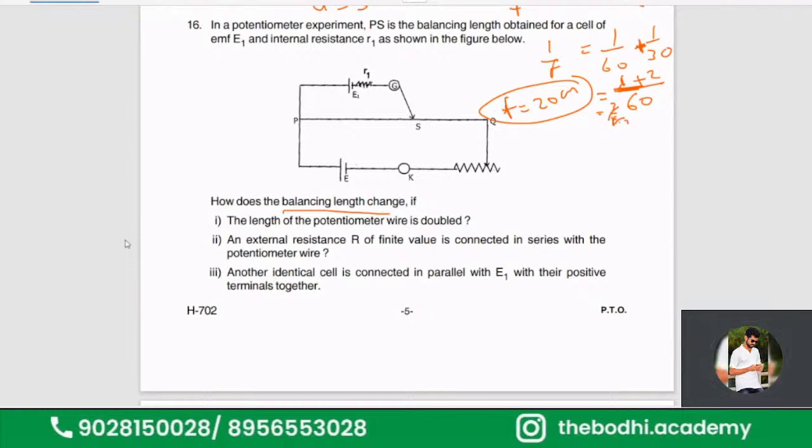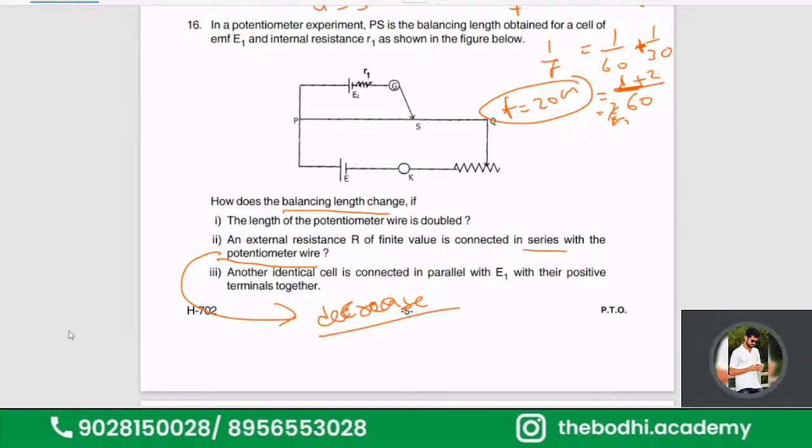Second, an external resistance R of finite value is connected in series with the potentiometer wire. Then what will happen? If you connect any sort of external resistance of any finite value, then the balancing length will always decrease. Correct? Connected in series, right?